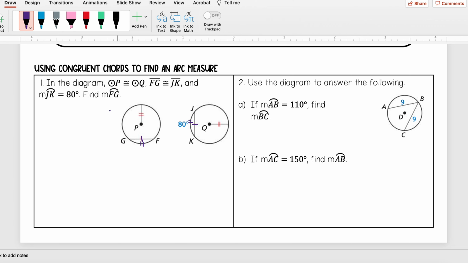So that means that arc JK is congruent to arc FG by our theorem. And since the measure of arc JK is 80 degrees, that means that the measure of arc FG is also equal to 80 degrees.